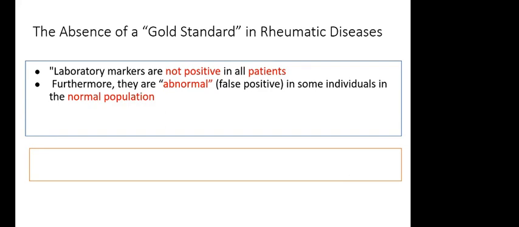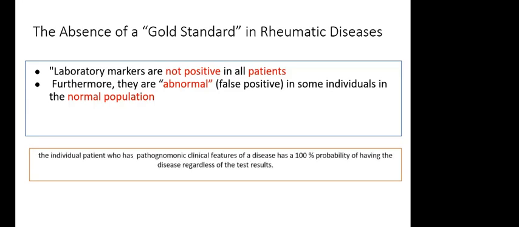In rheumatic disease, laboratory markers are not positive in all patients. Furthermore, they are abnormal in some of the normal population. So the individual patient who has a pathognomonic clinical feature of the disease has a 100% probability of having the disease regardless of the test result.